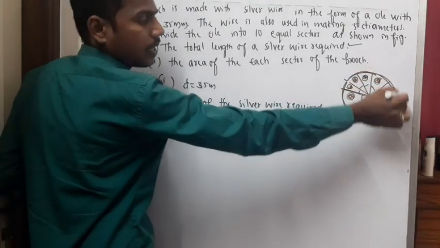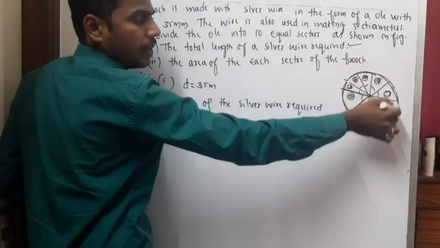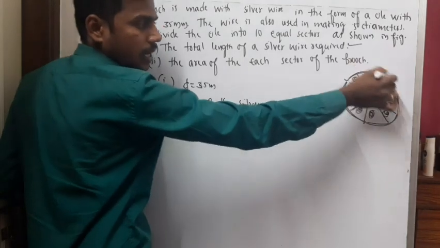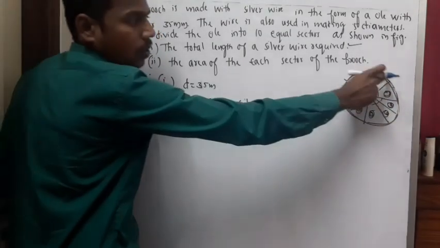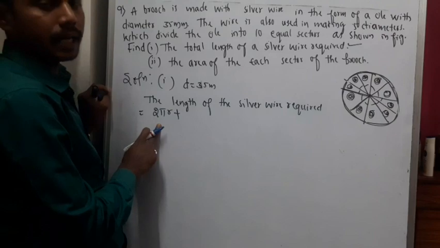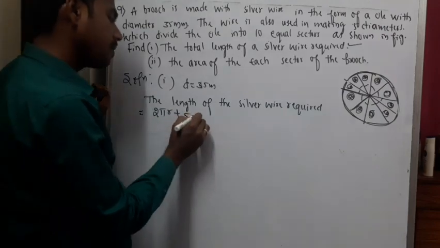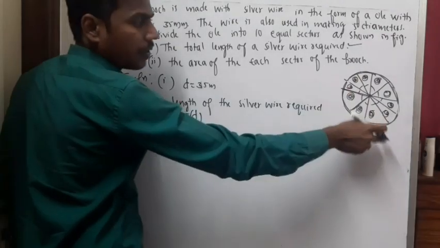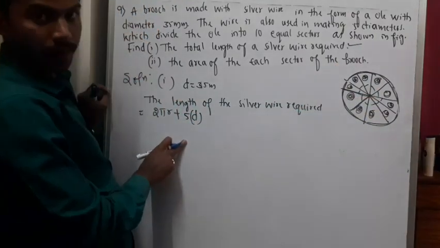If you are using wire on the outer circle, then the total arc length will be equal to 2 pi r, that is the circumference, plus 5 times the diameter. So for 5 diameters they are going to use the wire.